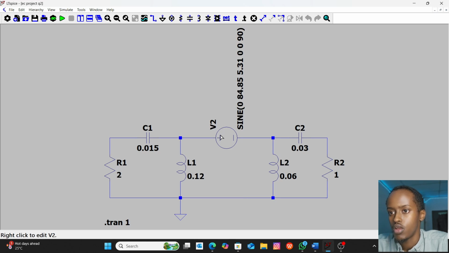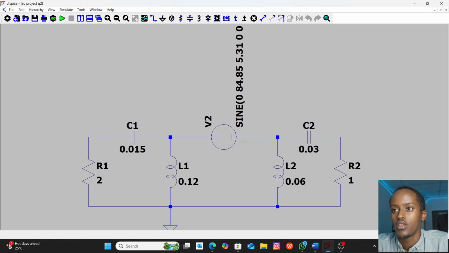Then our source will be the voltage that we calculated. Then let us run.